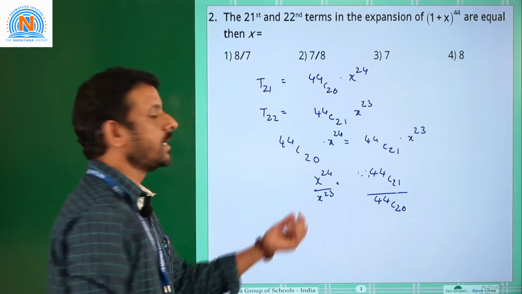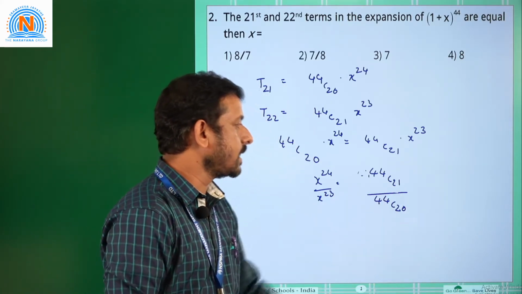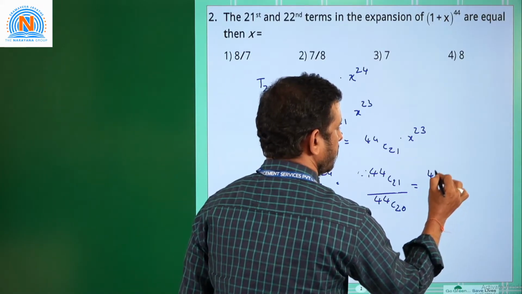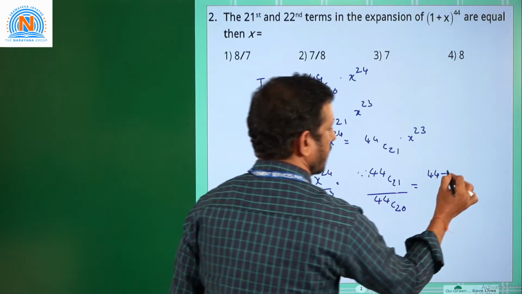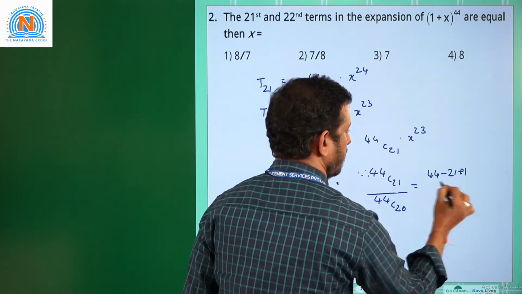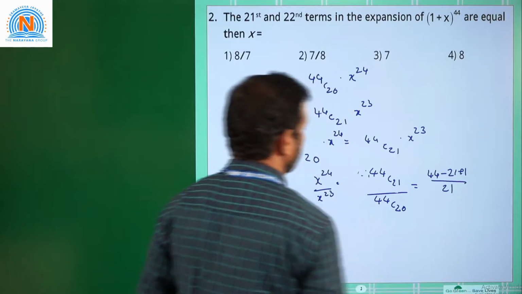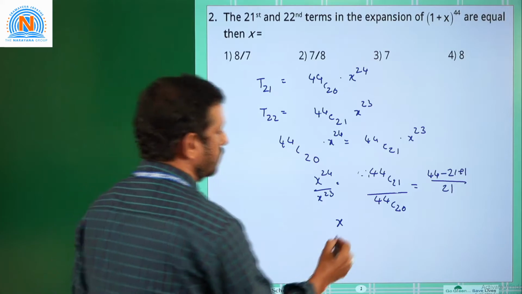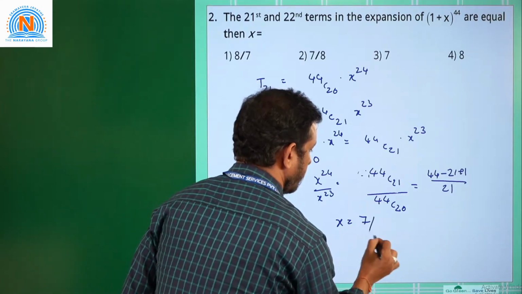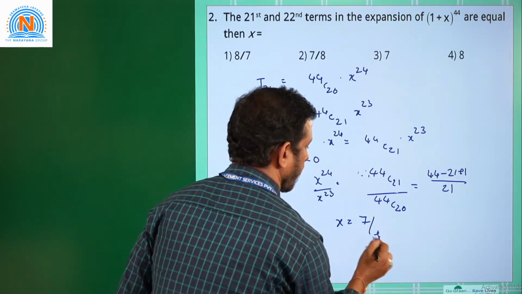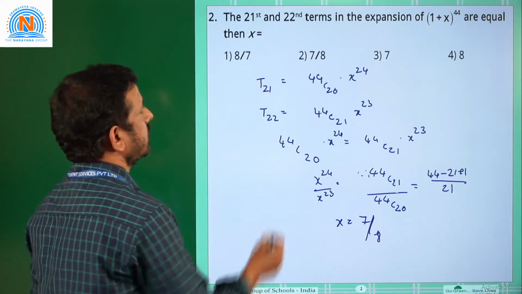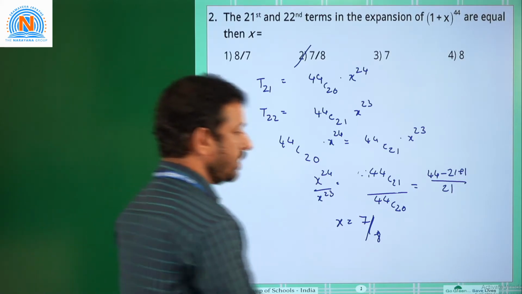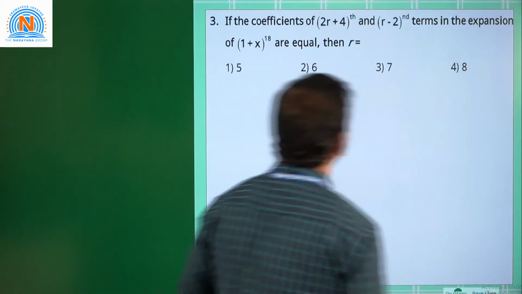Now this is again similar to nCr by nCr minus 1, which is nothing but (n minus r plus 1)/r, that is (44 minus 21 plus 1)/21. So when you simplify, we get the value of x as 7/8, which is nothing but our option 2. Okay, now let us move on to the next question.